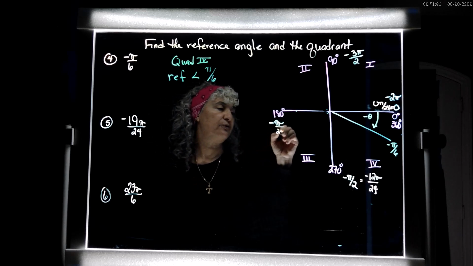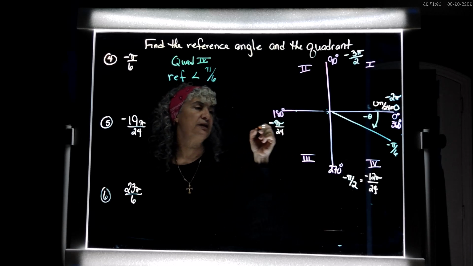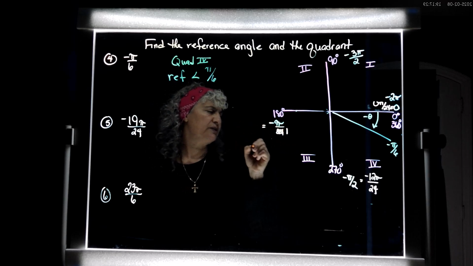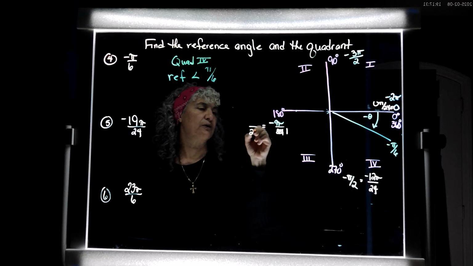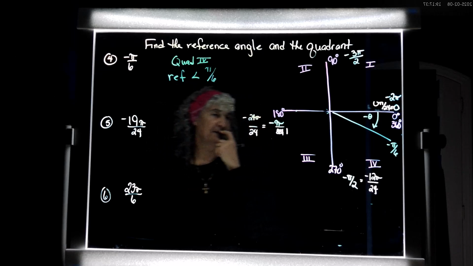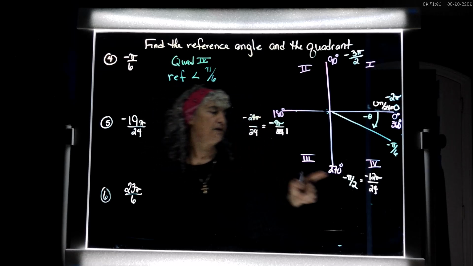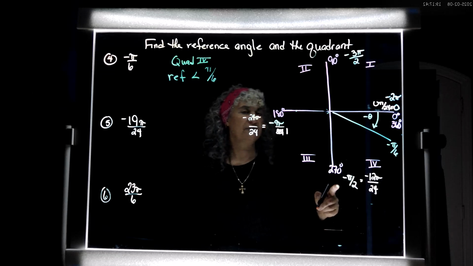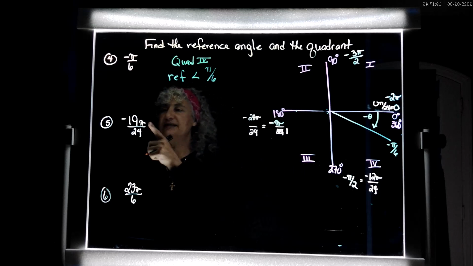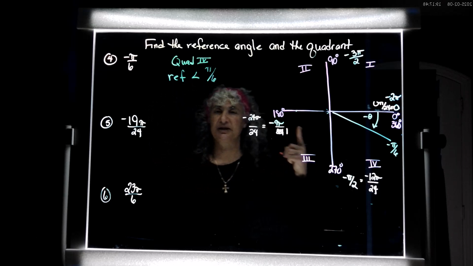Pardon me, this is over 1, but you want it over 24, which means negative 24 pi over 24. This is negative 12 pi over 24. This is negative 24 pi over 24. Negative 19 falls in between there, right?